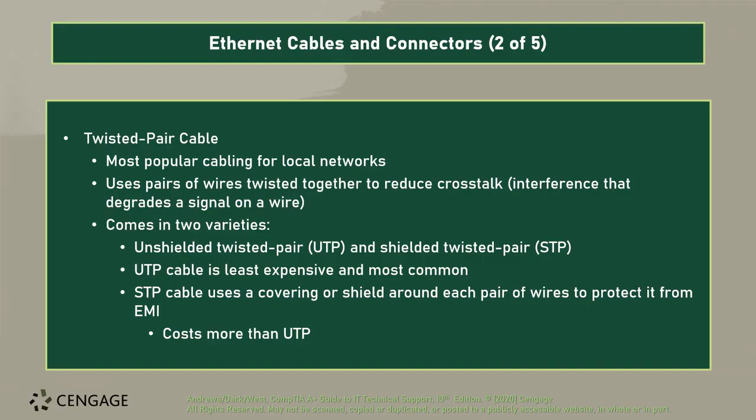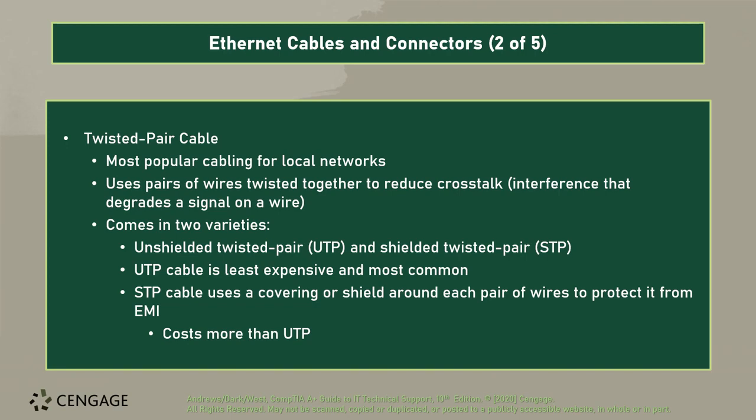We're also able to do two different varieties of cable, where we could have an unshielded twisted pair or a shielded twisted pair. Unshielded is the most common and least expensive. Shielded twisted pair will then use a covering or shield, usually made out of foil, that wraps around each pair of wires to protect it from electromagnetic interference, or EMI.